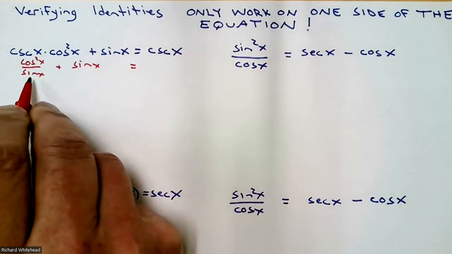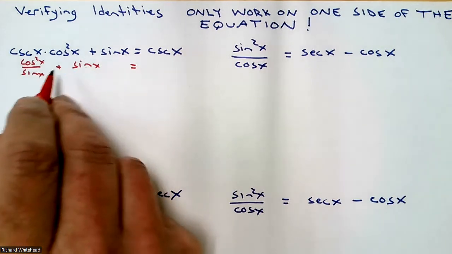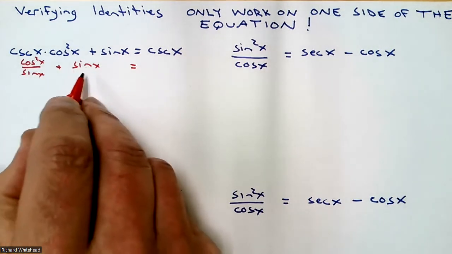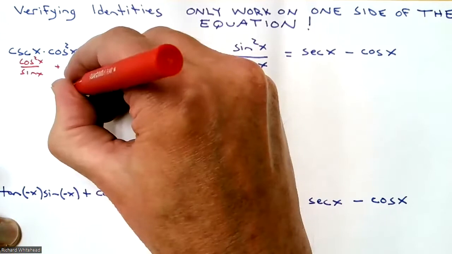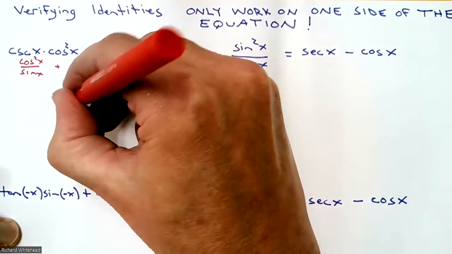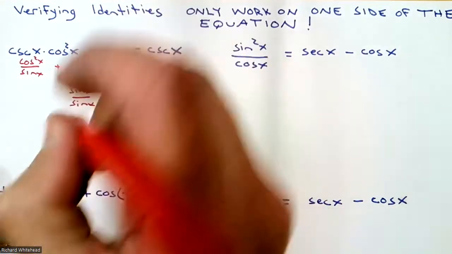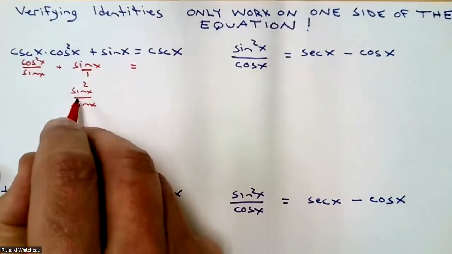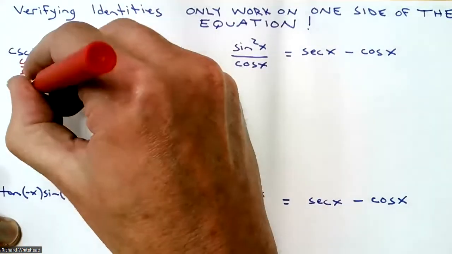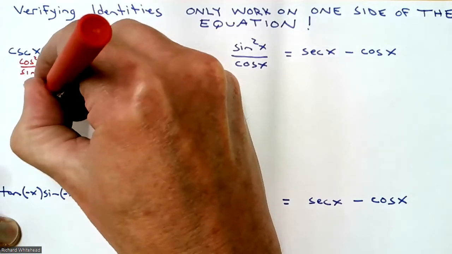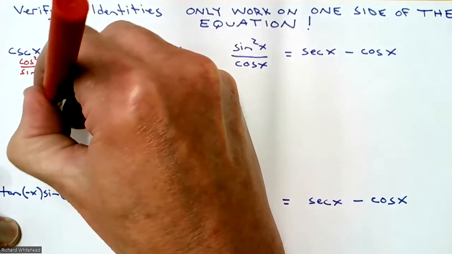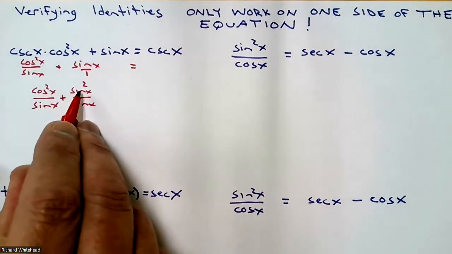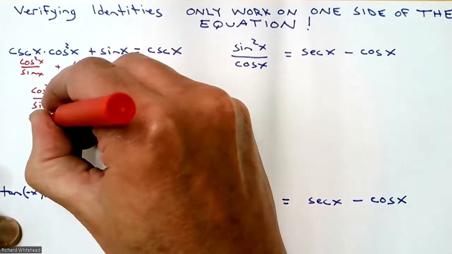And then you think to yourself, well, wait a second. If I had a common denominator here, if my common denominator was sine, then that would become sine square. And the reason I'm thinking that's such a good thing is because then I can say cosine square plus sine square.